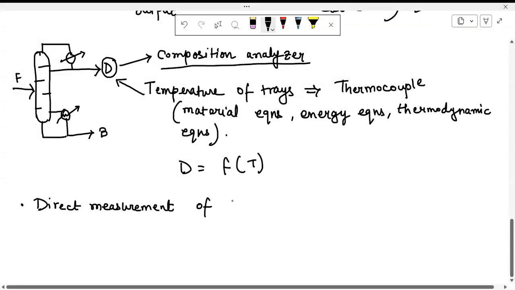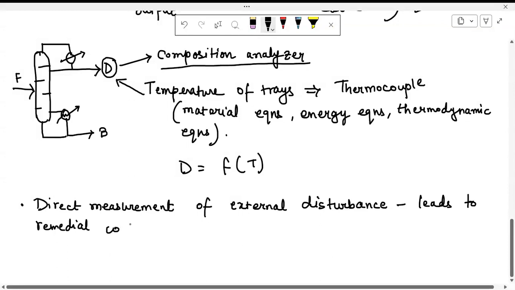So direct measurement of external disturbance can lead to some remedy, so that you can be prepared for how to deal with the disturbance. I'll write this down: it leads to some remedial control action.